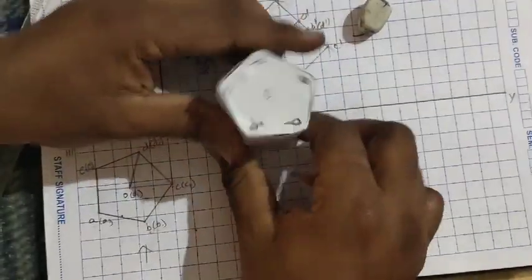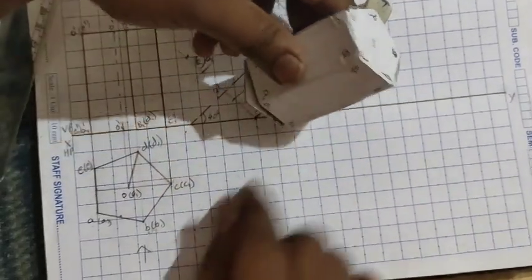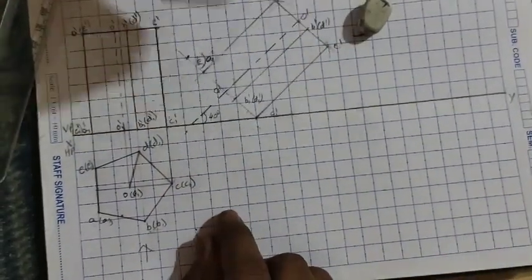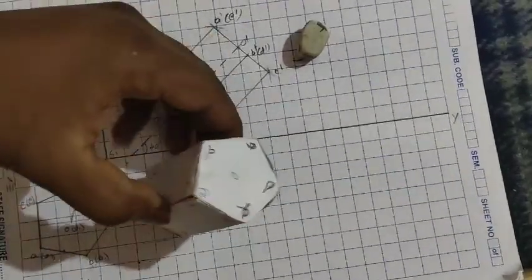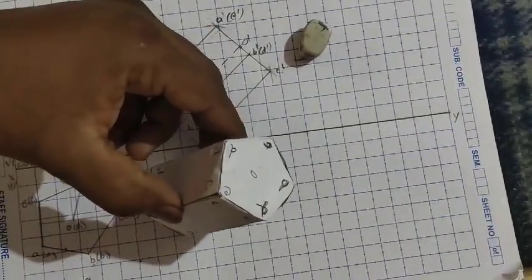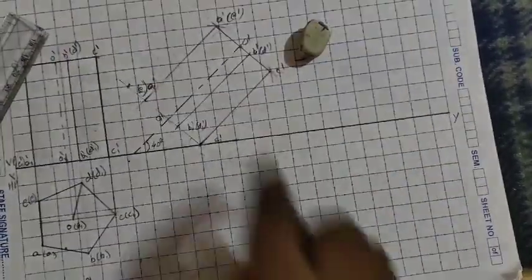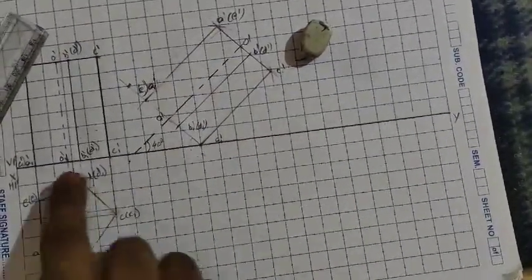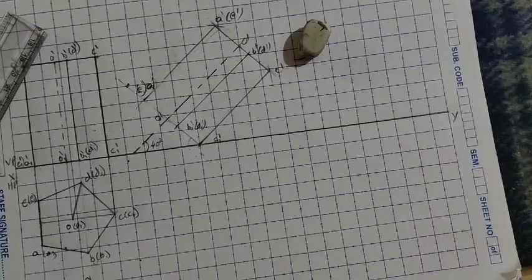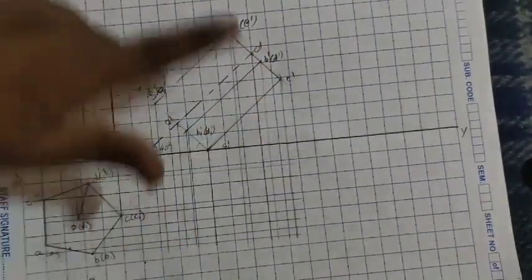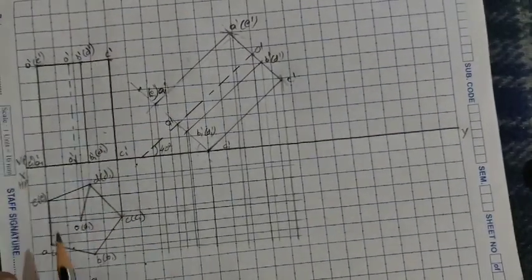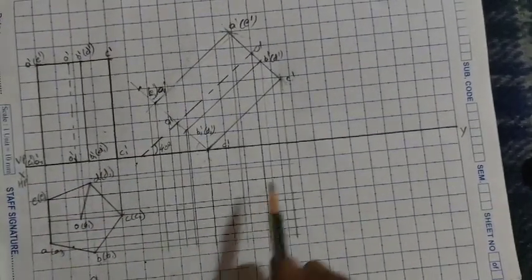Now you can see this, right? When we incline, this is what happens. Now we have to draw the top view. When we incline like this, what is the top view? For this, first take the vertical projections and the horizontal projections. Here I have taken the vertical and horizontal projections from all corners.